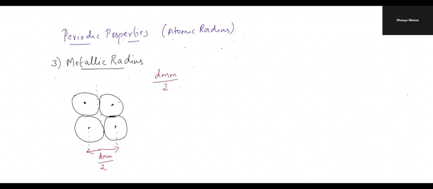Now suppose we have to compare van der Waals radius, metallic radius, ionic radius, and covalent radius.